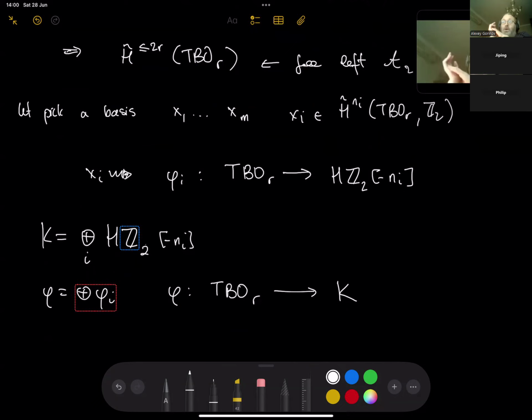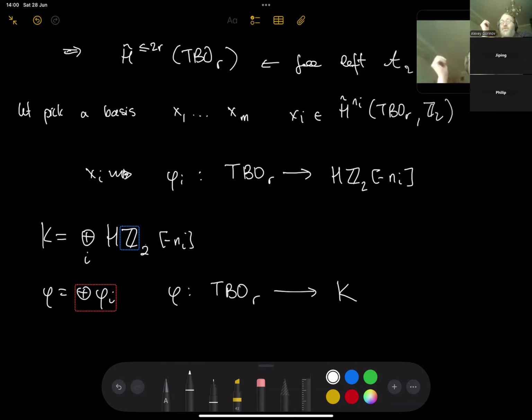And so one of the goals for today is that when we take the whole sum, meaning just the direct limit of the K's for all R's, then we get the Thom spectrum MO.